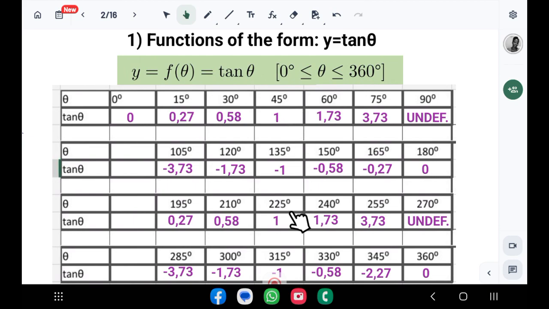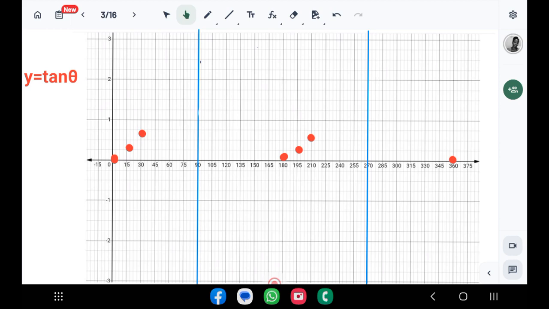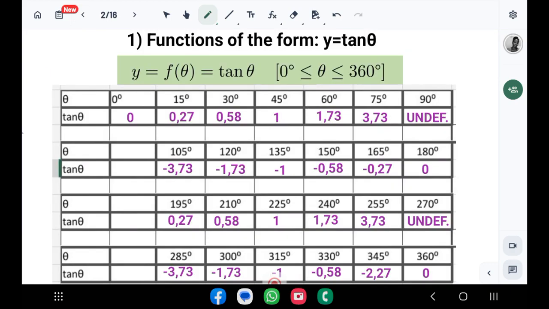45 degrees duplicates with 225. So it's at 1. 45 degrees at 1. And then 180 degrees away from 45, we also have another one there. Okay, next. We have 60 degrees, and that gives us 1.73.